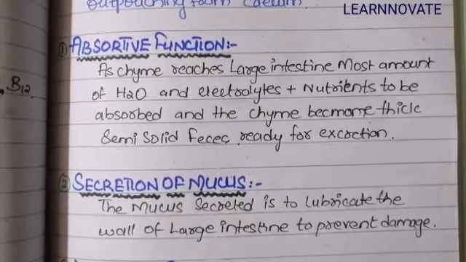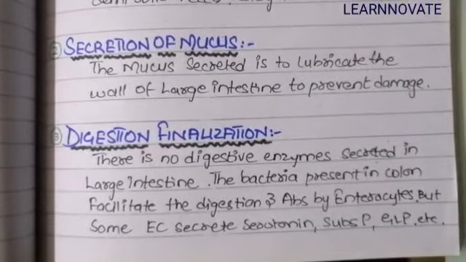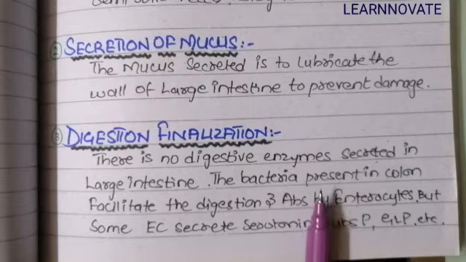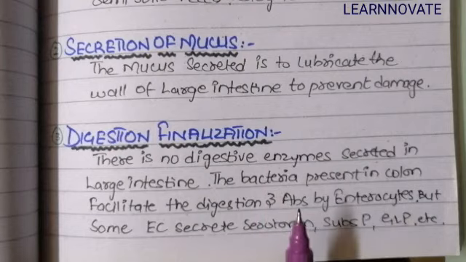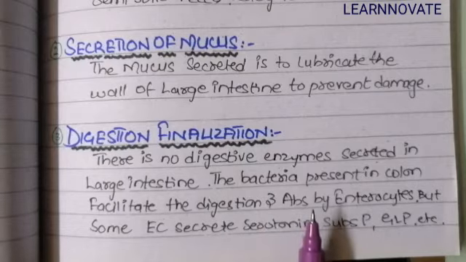Then comes another function, the digestive function. The finalization of digestion occurs in the large intestine. As we know, no digestive enzymes are secreted in the large intestine, but there is a presence of mucus, and the bacteria in the large intestine produce some vitamins and some enzymes, including serotonin and substance P, to facilitate digestion.